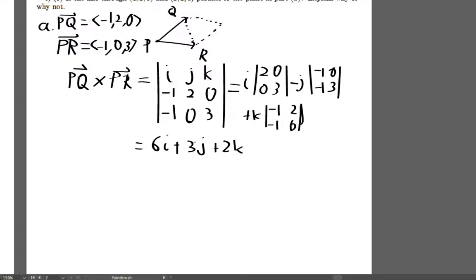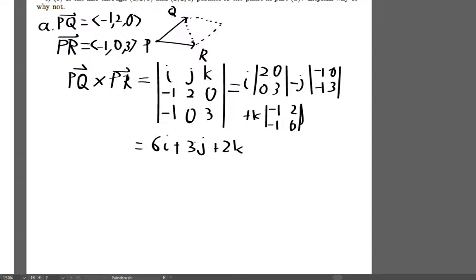PQ dot PQ cross PR would equal 0, and PQ cross PR dot PR would be 0 as well. So you got your vector here, but what we want is to find the area. We don't want the vector. And actually, this is why we use cross products.